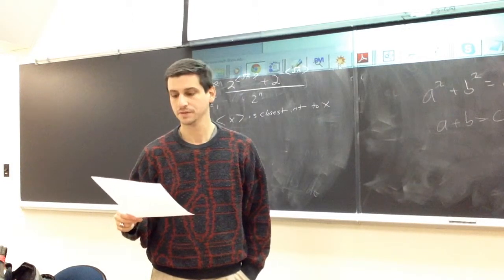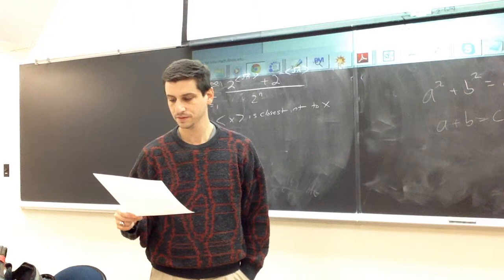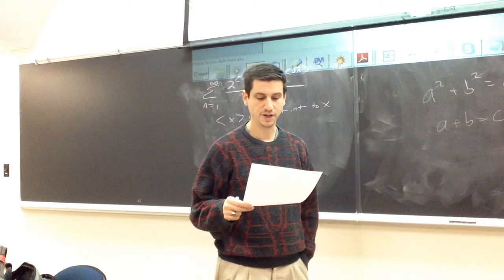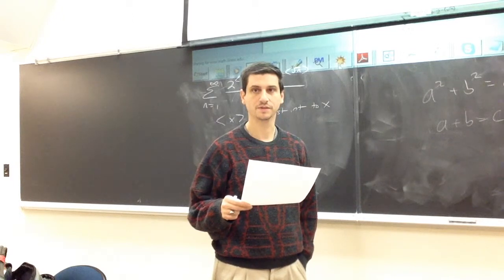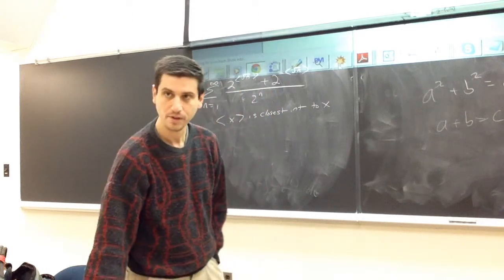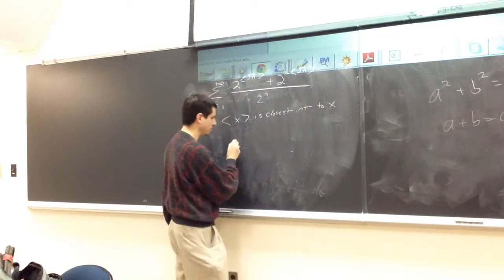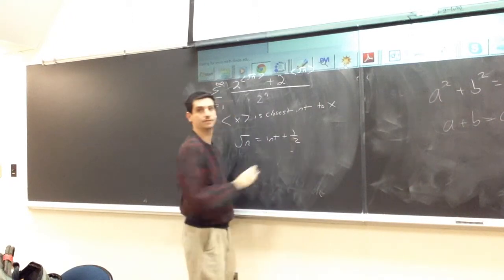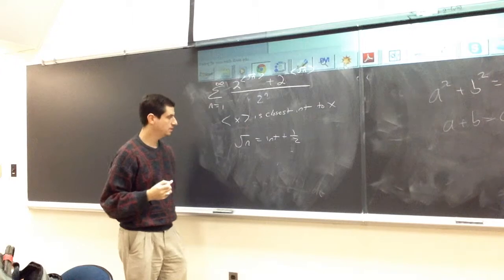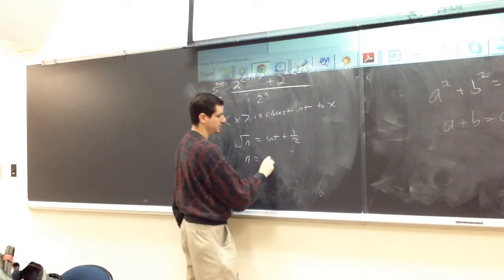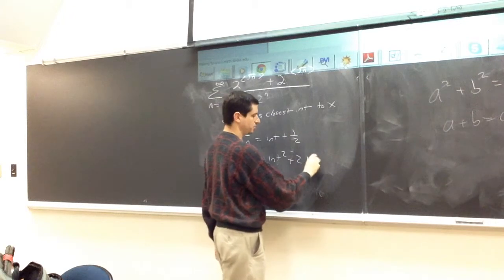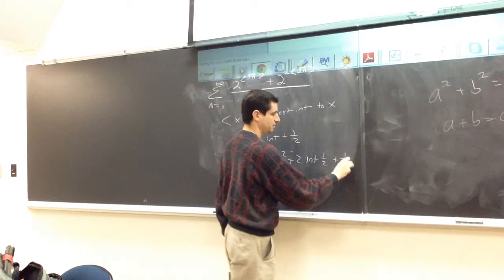Yes? Do they define closest for when it's 0.5? They don't. But the square root of n will never be halfway between. Good point, if you had the square root of n equal to an integer plus 1/2, then if you square both sides, you would get n is integer squared plus 2 times integer times 1/2 plus 1/4.